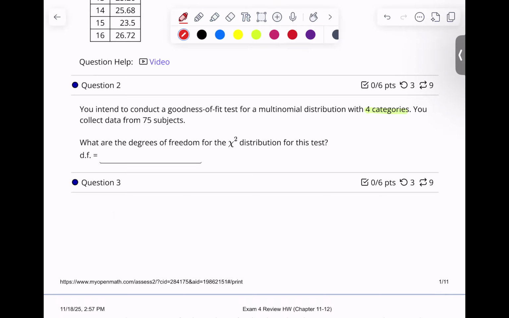Degrees of freedom for a chi-square test is the number of categories minus 1. So that would be 4 minus 1, 3.